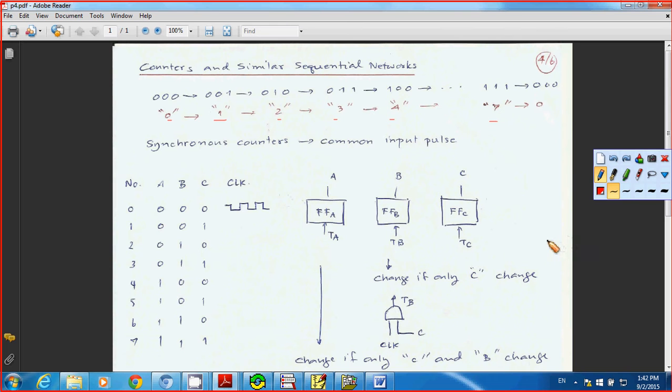Now what you need to consider is that if you have 3 flip-flops, start from C, B, and A. You have input TC, you have input TB, and you have input TA to the flip-flop. Now, if you send the clock from the left to the right at C, when the clock coming in, it's going to change the logic of C, right?